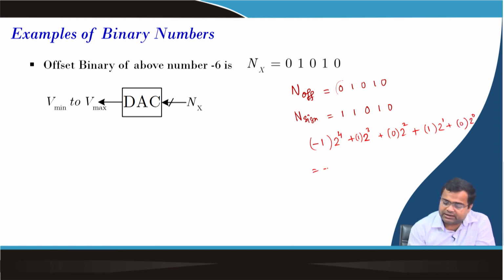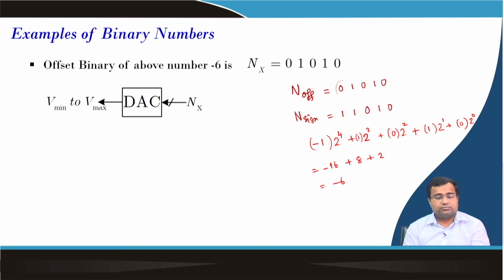Oh, it is a 5 bit number, sorry. So, this will be minus 2 to the power 4, which is minus 16, plus 8, then plus 2, which is minus 6. That means, the same representation which we represented last time, in offset binary it will be minus 6, which corresponds to the voltage of minus 375 millivolt.